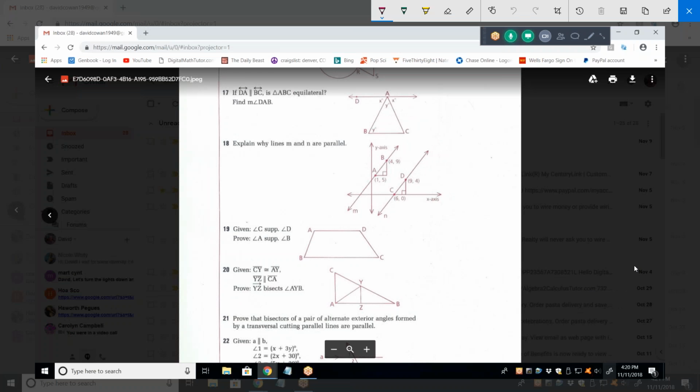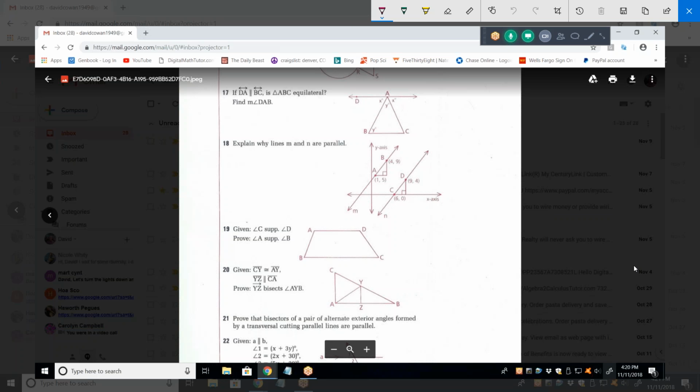All right, if DA is parallel to BC, is ABC equilateral? And if it is, find the measurement of DAB. Well, first of all, if it is equilateral, what's the measurement of DAB?